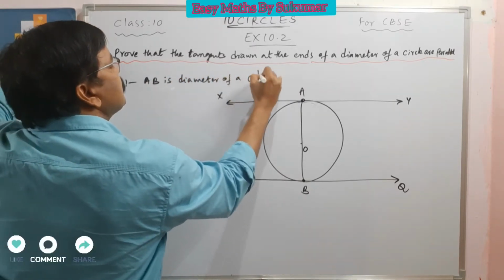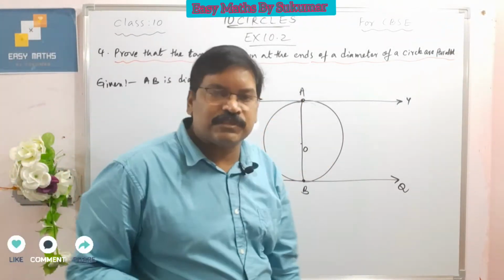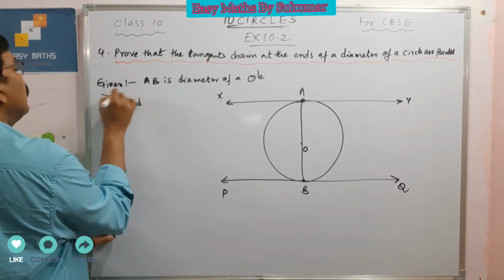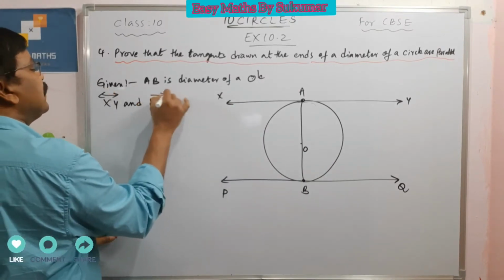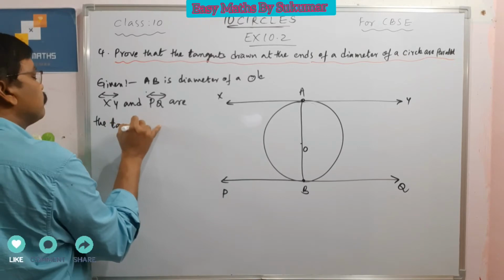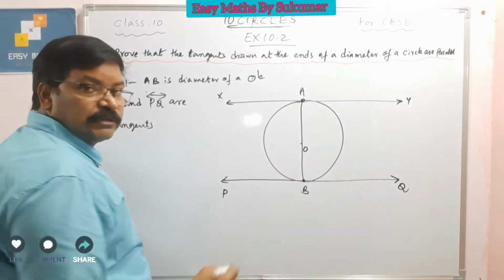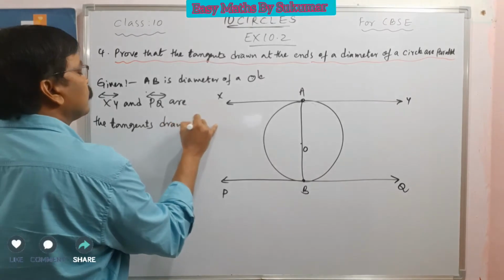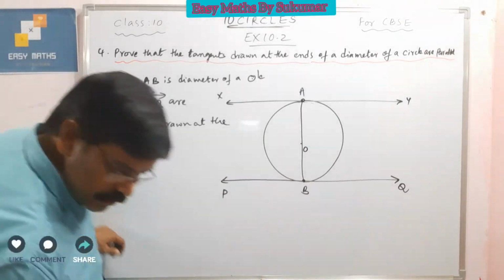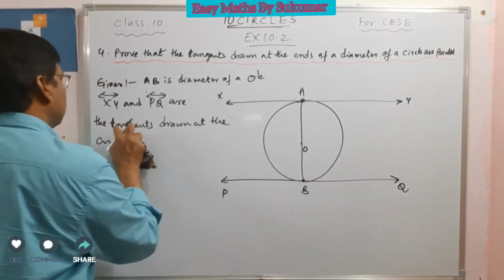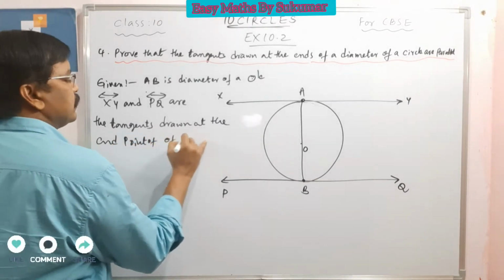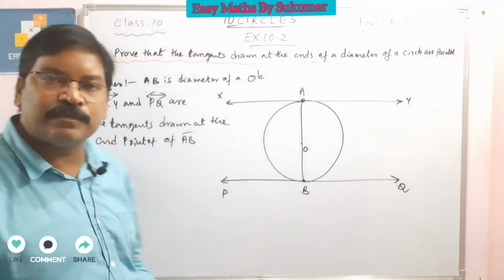AB is the diameter of a circle, and XY and PQ are the tangents drawn at the end points of the diameter AB of the circle, since AB is the diameter.